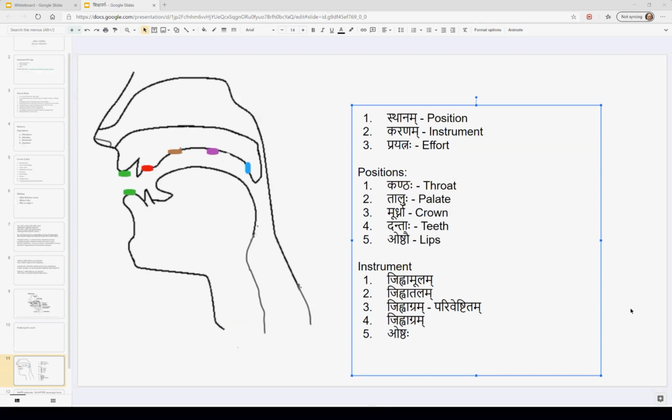Would you please pronounce position again? You mean in English? No, in Sanskrit. Sthanam. All right, thank you.